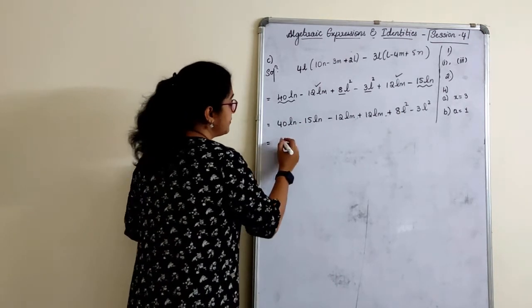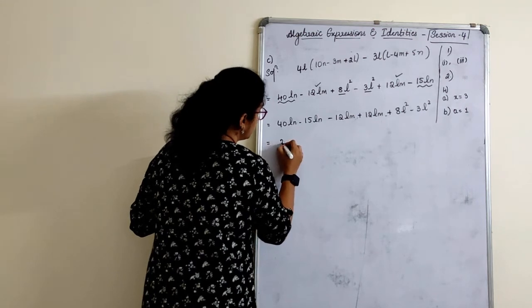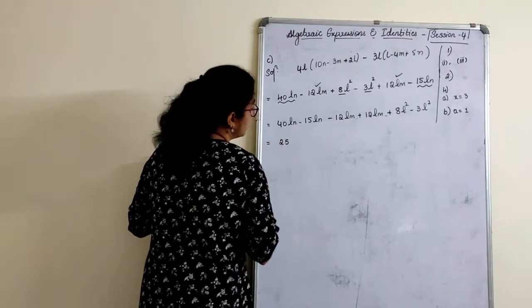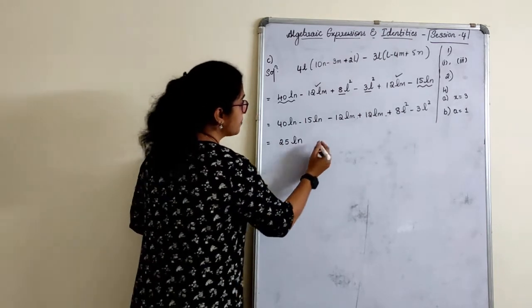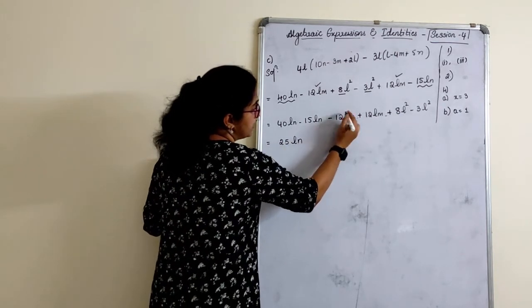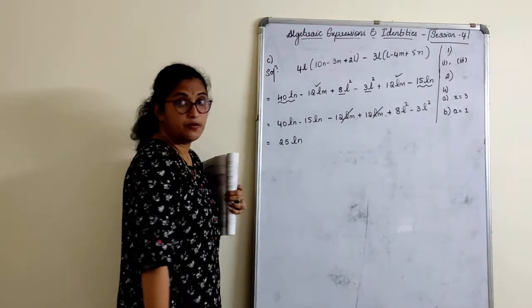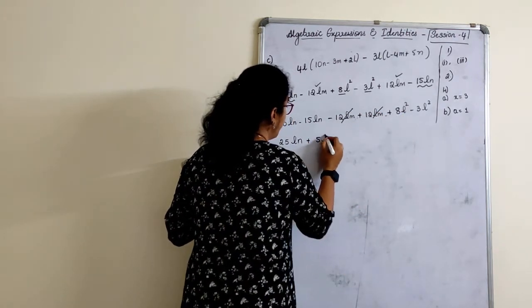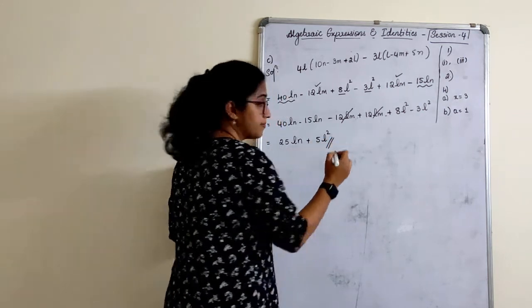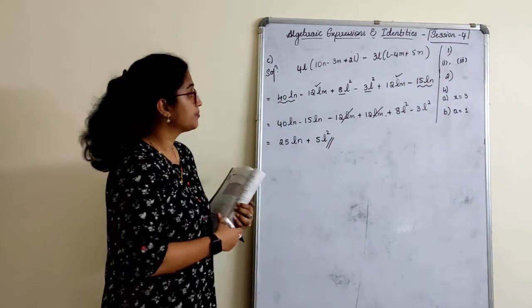Forty minus 15, so how much do you get? 25 LN, right? Minus LN and plus LN will get cancelled. 8 minus 3 plus 5 L square is your answer.